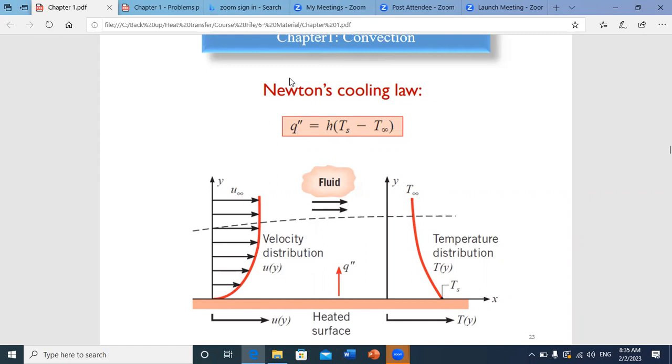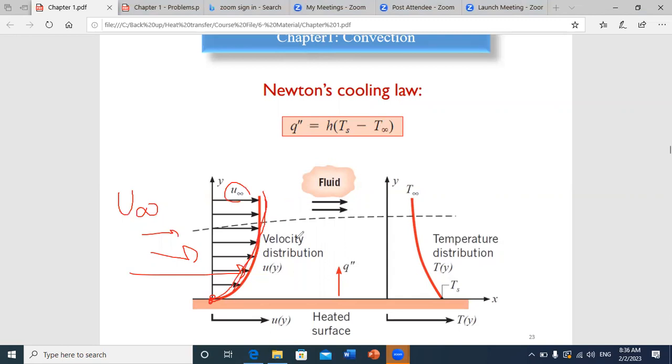As we discussed, whenever you have forced convection, you are blowing airflow over a surface. When the flow is in contact with the surface, you impose a zero velocity near the surface because of the no-slip condition. This will lead to variation of velocity from zero until reaching U infinity, the velocity at which you are blowing your fluid. And this will create what we call the development of a boundary layer.